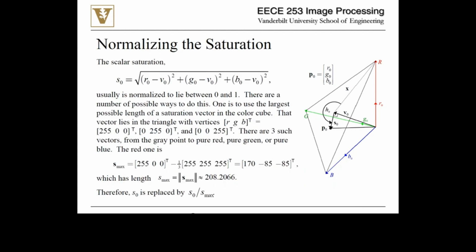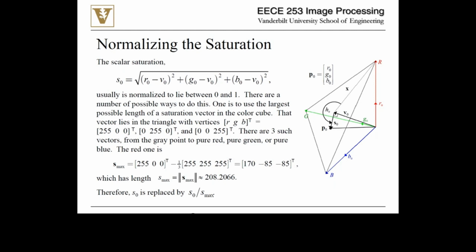Okay, so now something relatively simple. What is the maximum saturation that I can have? The maximum saturation I can have is reached when the maximum red is this one, 255, 0, 0, and then the color I'm representing is this one.